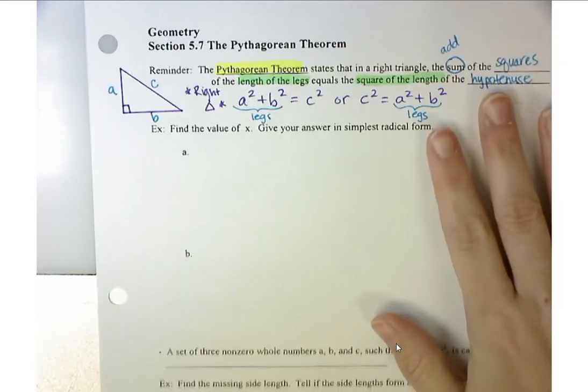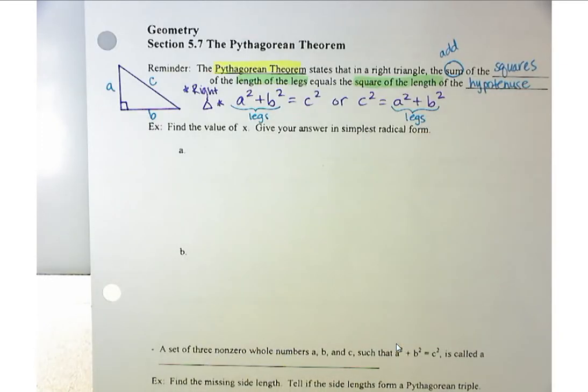Now, if you don't have numbers for all three of them, which a lot of times you won't because you're going to be solving, Ethan, how do I know which one is the hypotenuse without a doubt? What if you don't have the lengths, because you might have a side missing?